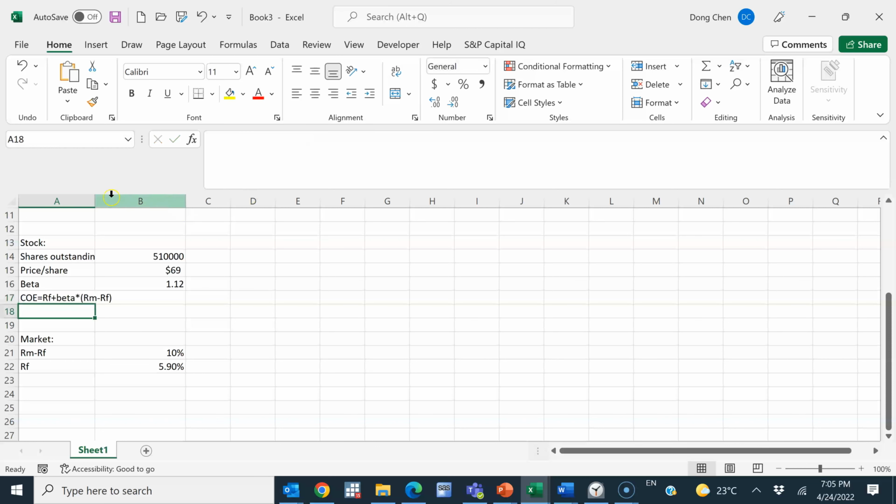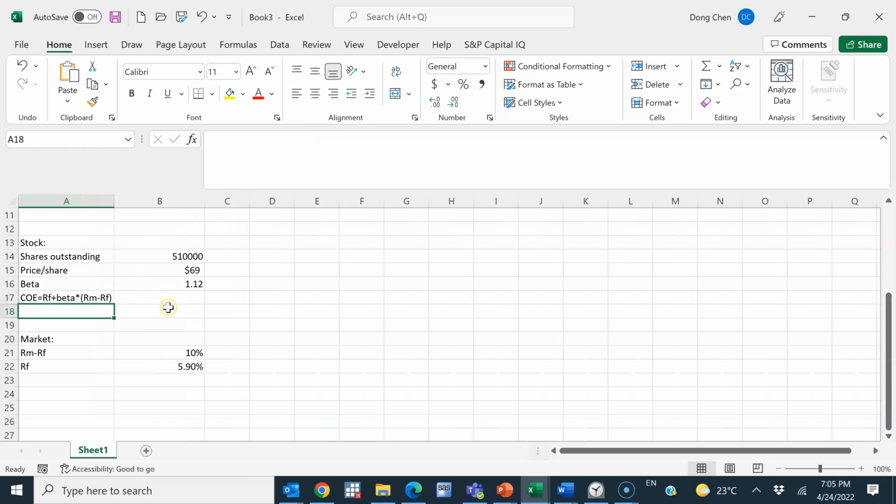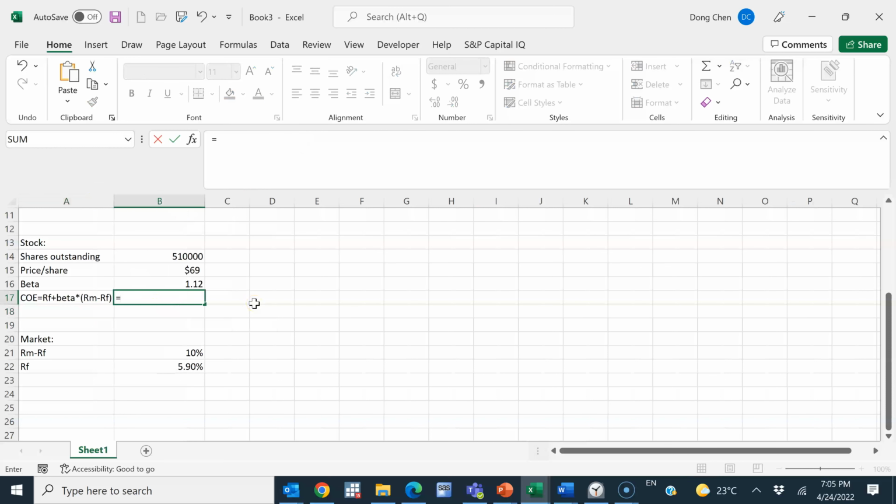So this is the formula. And now I can just plug in the numbers. So RF is this number, beta is this number, and RM minus RF is this number, right?